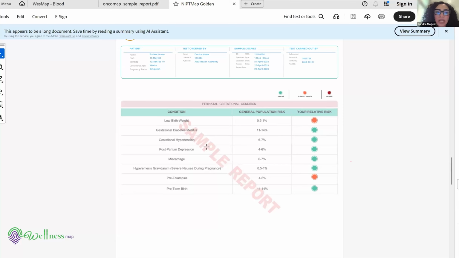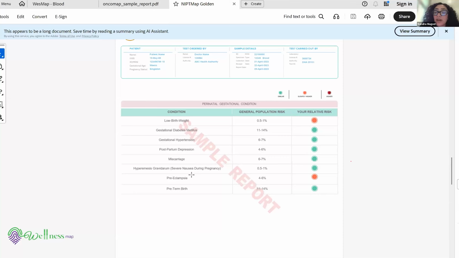This patient is normal. We have postpartum depression as well, which we see a lot of females or mothers are suffering from after delivering, and here we see 4 to 6%. We see the relative risk is similar. We have miscarriage as well. The general population risk is 6 to 7%.